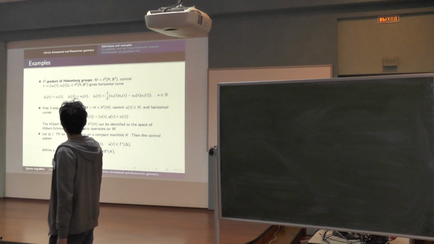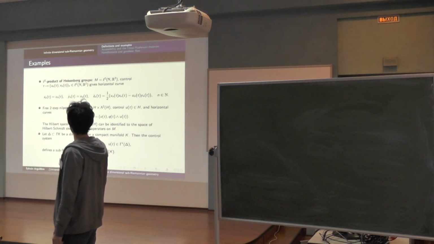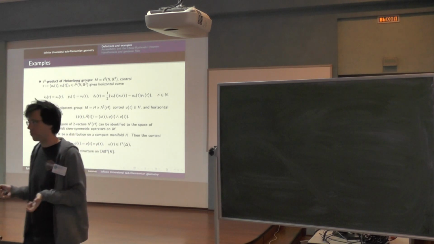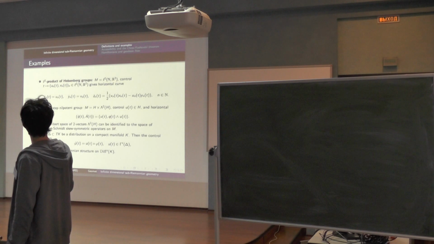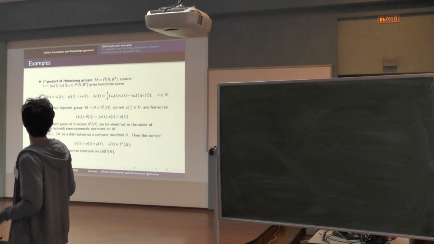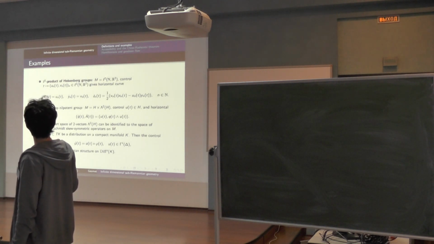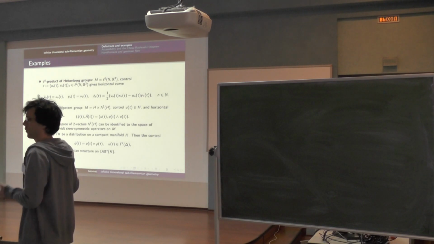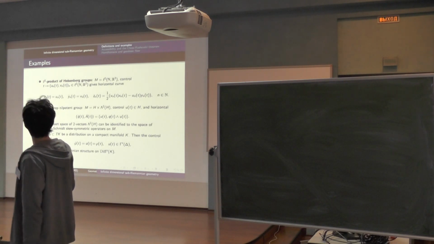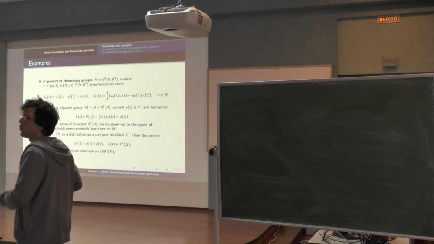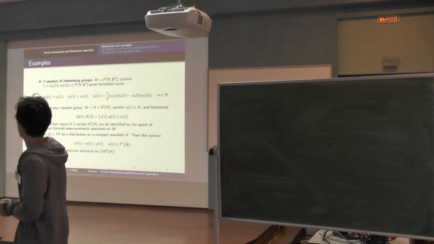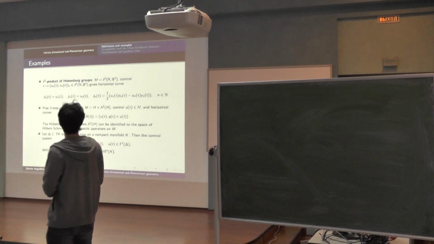A very simple one is an L2 product of Heisenberg groups, or Heisenberg structures. You just take a countable number of Heisenberg spaces, so it becomes a sequence of triplets. Horizontal curves are such that each triplet moves horizontally with respect to an independent Heisenberg structure.